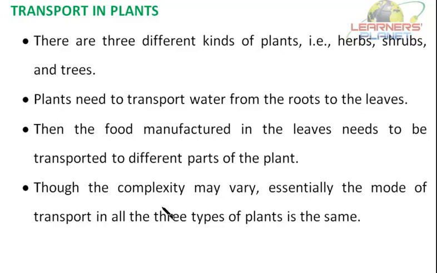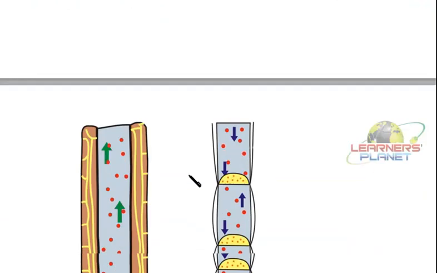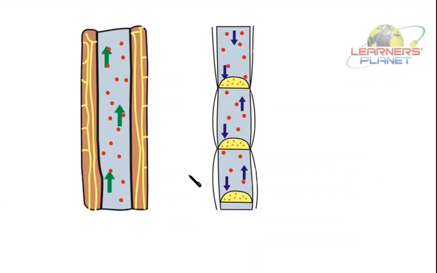Though the complexity may vary, essentially the mode of transport in all the 3 types of plants, that is herbs, shrubs and trees, is the same. It is all about the transportation and translocation which takes place in plants, not about the kinds of plants. Right? So, let us discuss it.